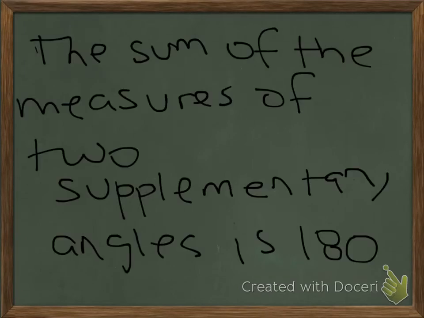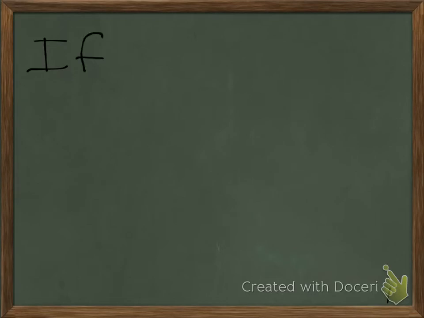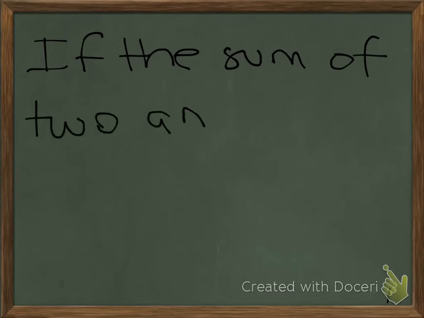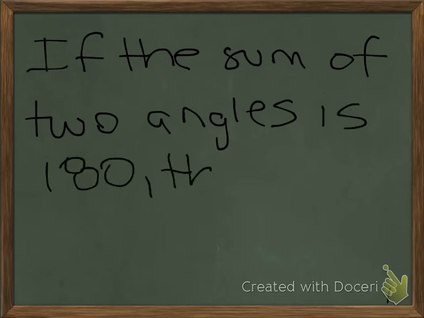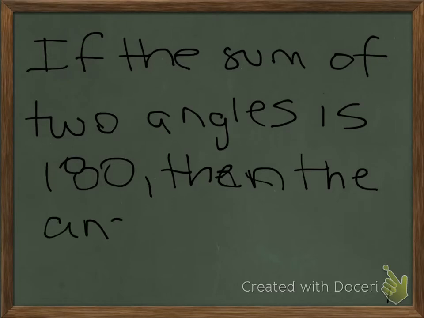Then we have the sum of the measures of two supplementary angles is 180. To change this into if-then format, we could add an if in the beginning. Actually, let's think about that. We're going to rewrite it: if the sum of two angles is 180, and not include the fact that they're supplementary, then the angles are supplementary.